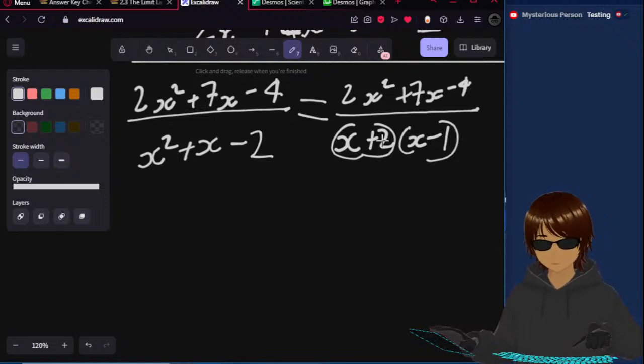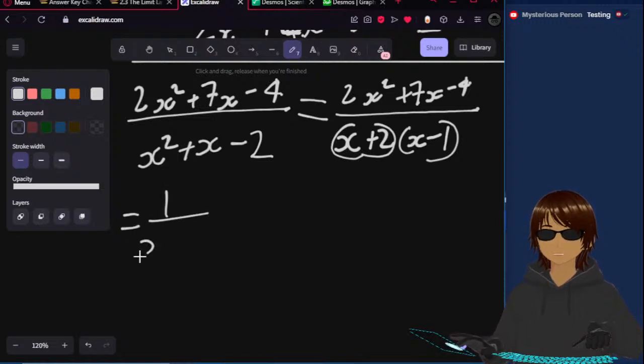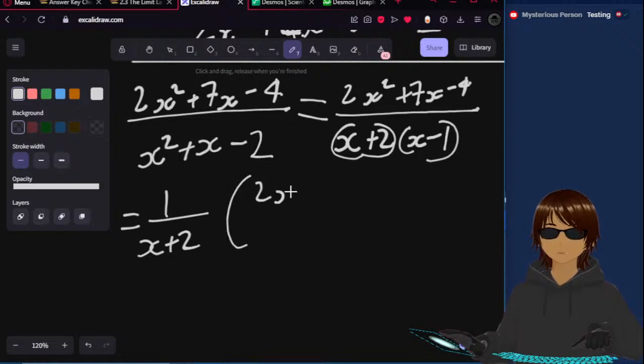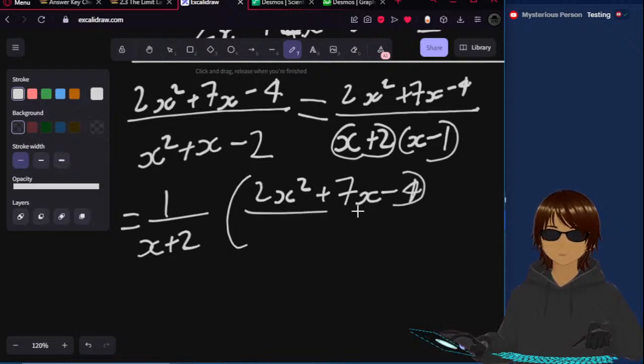And after this is equal to x plus 2 over x squared plus 7x minus 4, then x minus 1.